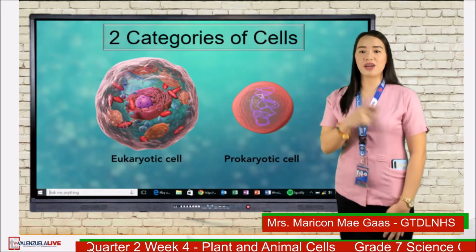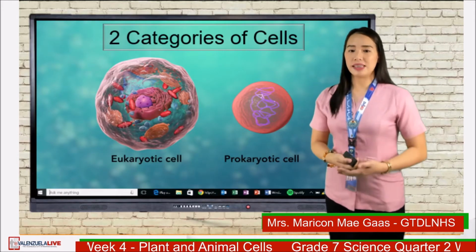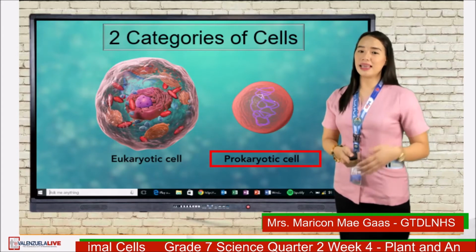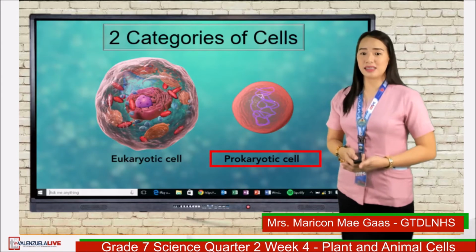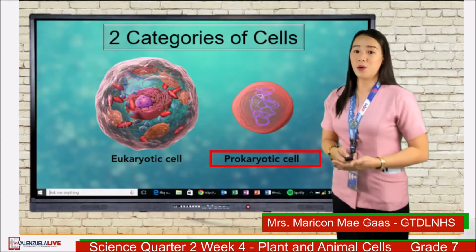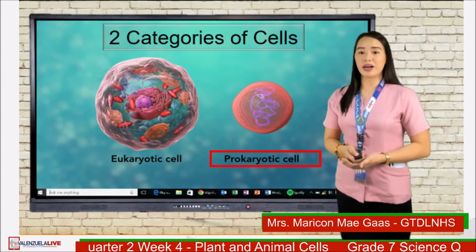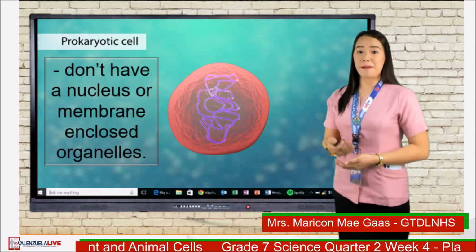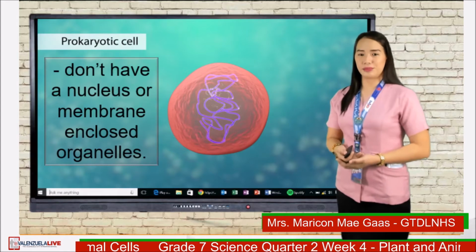And the second category for this is the prokaryotic cell. Unlike the complicated eukaryotic cells, prokaryotic cells don't have a nucleus or membrane-enclosed organelles.